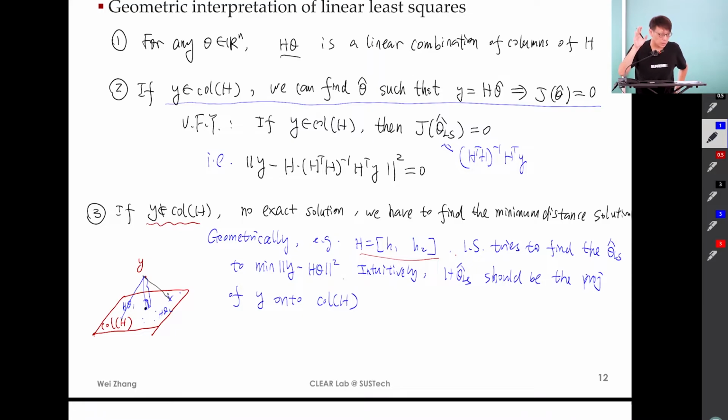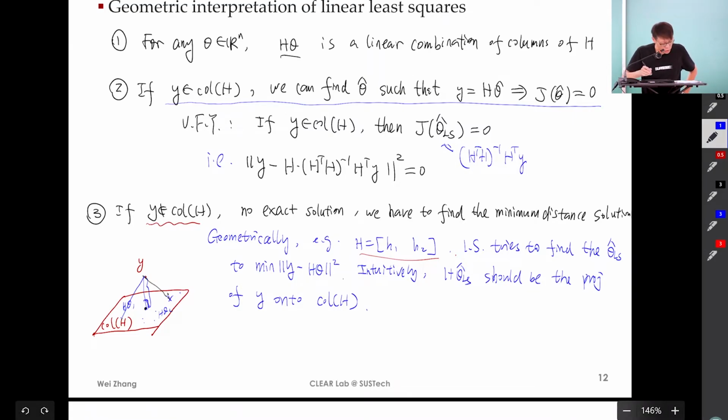Hopefully that somehow aligns with your intuition as well. You should be able to speak out your intuition mathematically, because whenever this is perpendicular, it's the shortest distance between y and the plane, right? Any other point on the plane will have a larger distance with y.